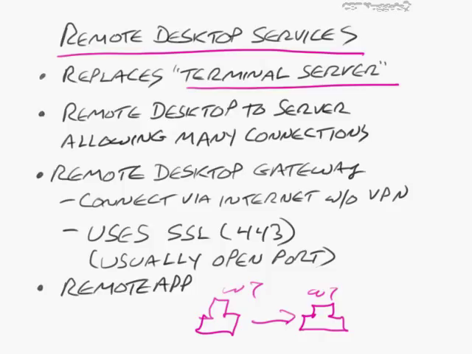Another reason is that we can have users on older hardware connecting to the terminal server. We might not be able to afford to upgrade everybody to the latest processors and 8 gigs of RAM, or even 4 gigs or 2 gigs of RAM. Some of my clients might only have a gigabyte of RAM, and so they can't even take an upgrade to the most recent version of Windows and perform well.